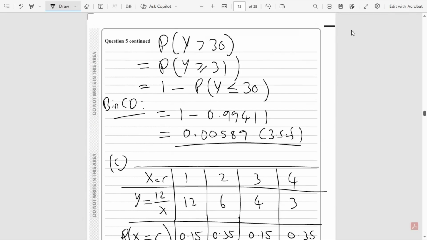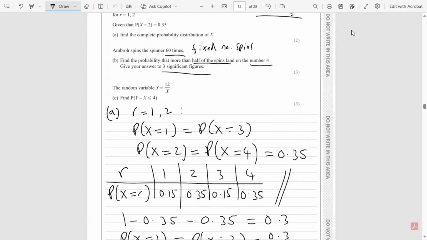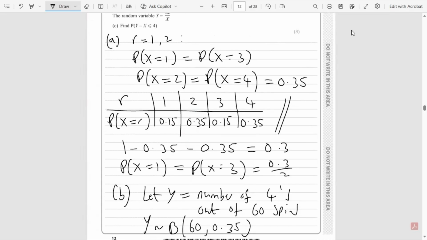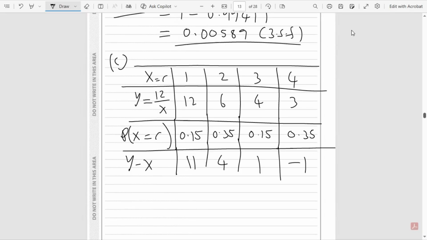So again, we're looking for Y minus X to be less than or equal to 4. Now, obviously 11 is not less than or equal to 4, so we can ignore this first probability there. 4 is less than or equal to 4 because 4 is equal to 4. So is 1, 1 is less than 4, and minus 1 is less than 4.